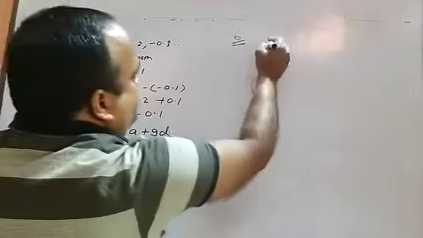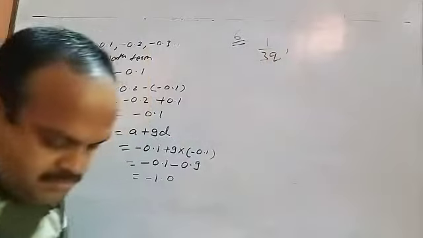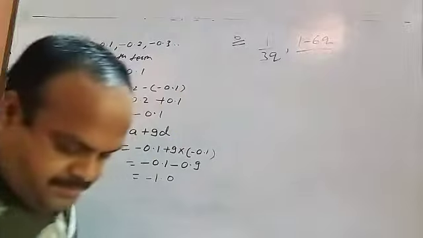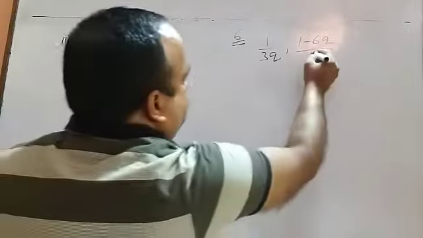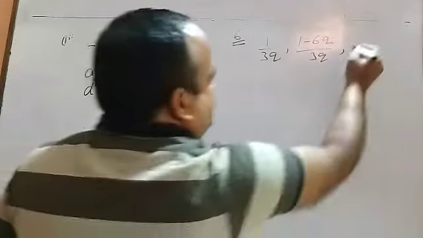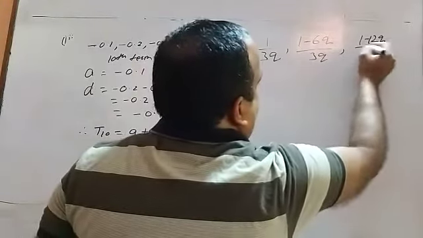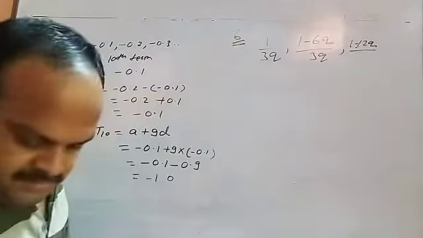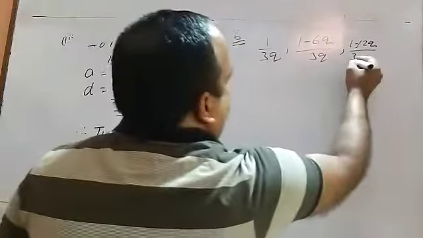So we have 1 by 3q, 1 minus 6q by 3q, 1 minus 12q by 3q.